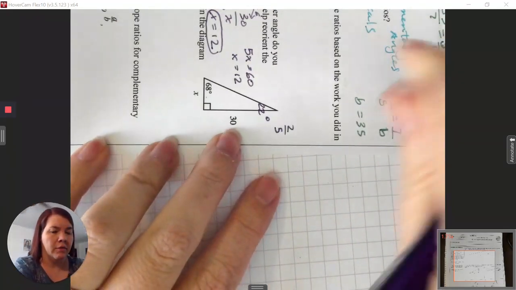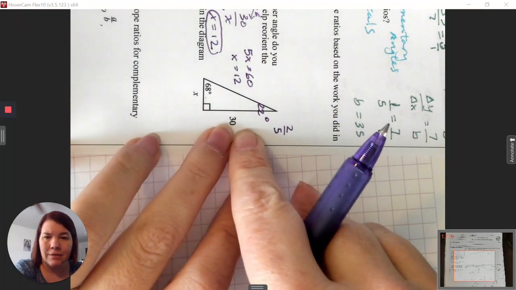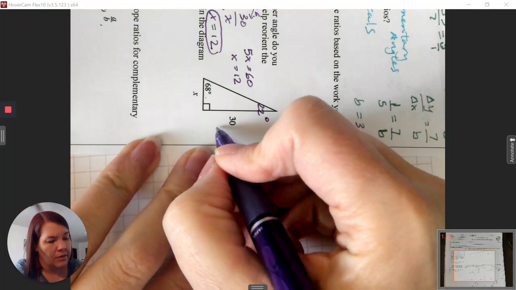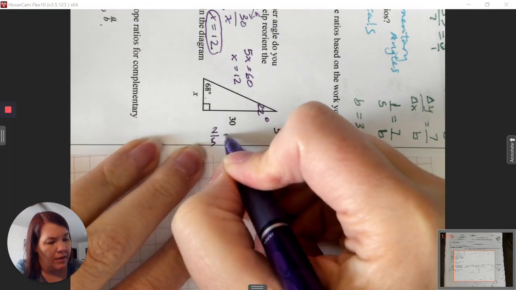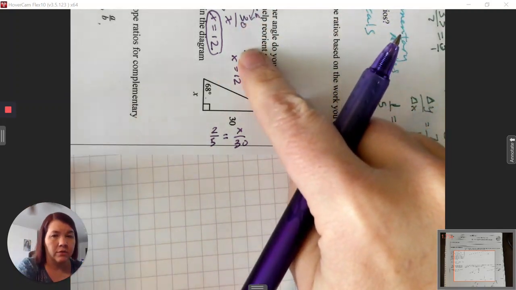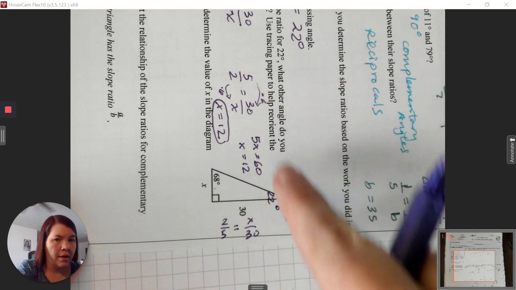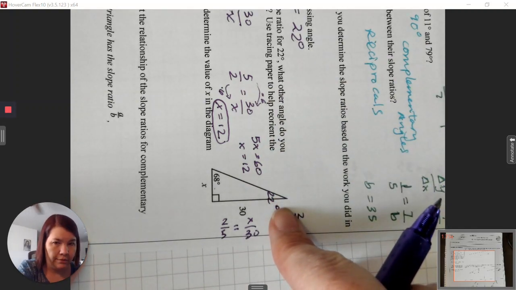Think about it. If it had been this way, now this is delta y, and that's delta x. And so I would have 2/5 equals x over 30. Notice that these two are the same proportion.